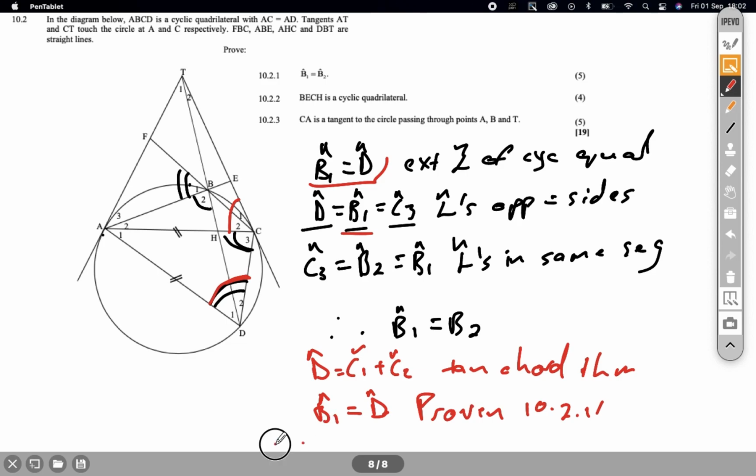So we would say that, therefore, it is a cyclic quad. Then our reason would be converse exterior angle. Okay, it is sorry, not B1, B2. B2. Remember we said B2. So this angle here is equal to this angle.